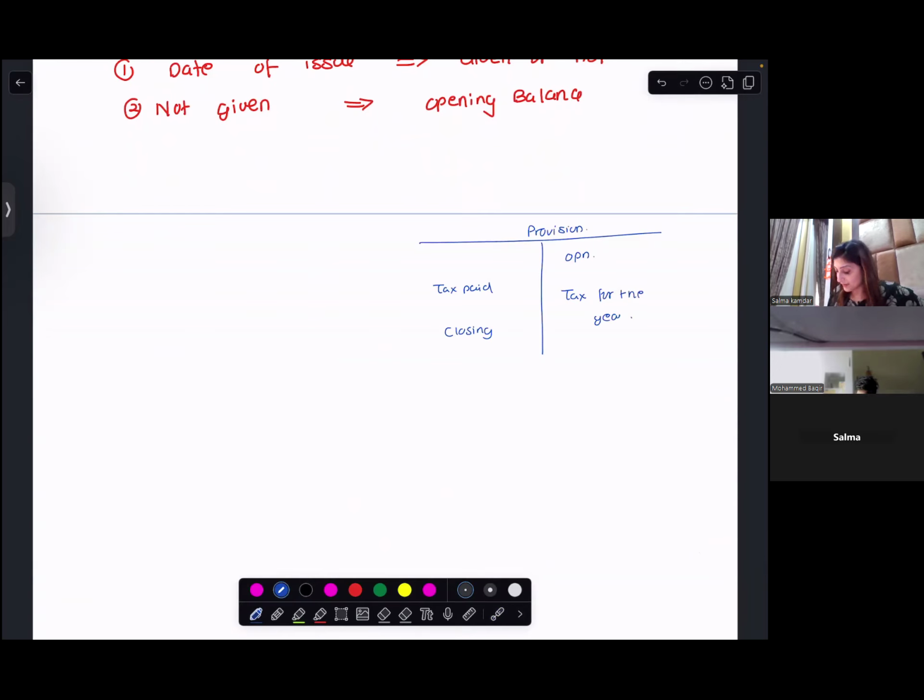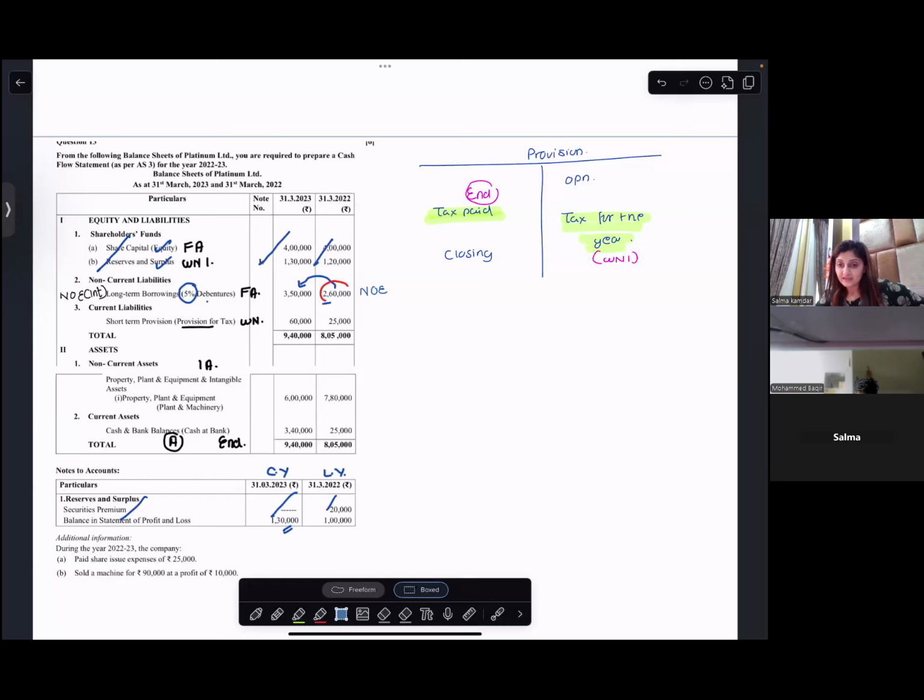From this, you take only two pieces of information in your cash flow statement. One is tax paid, that comes at the end. The other is taxation for the year, that comes in working note number one. Prepare this and try to hunt for information.